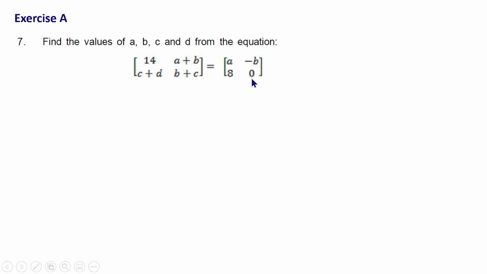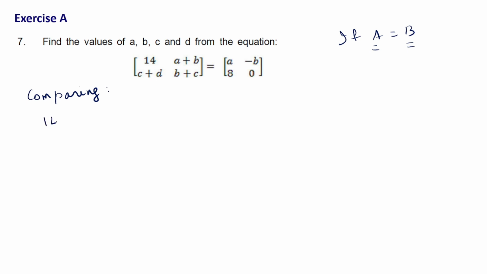Now using the equality of matrices, we have seen that if we have two matrices A equal to [aij] and B equal to [bij], and A equals B, then each element of A is equal to the corresponding element of B. So 14 is equal to a, a plus b equals minus b, c plus d equals 8 and b plus c equals 0. So we can compare the elements and find the values of a, b, c and d.